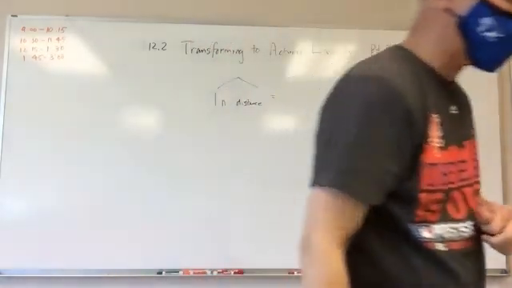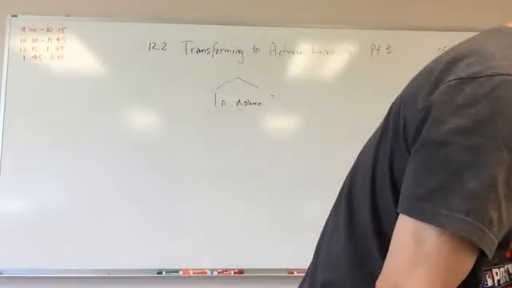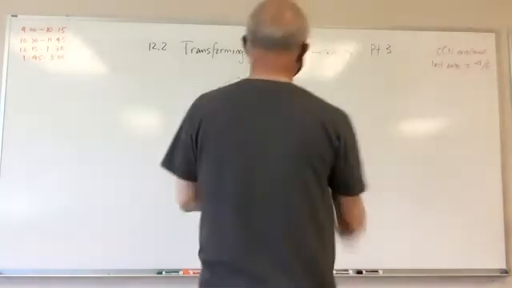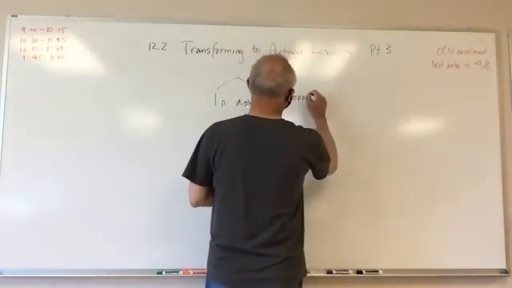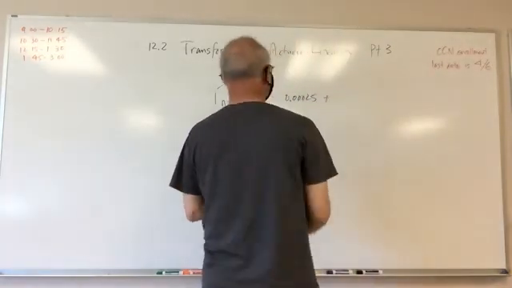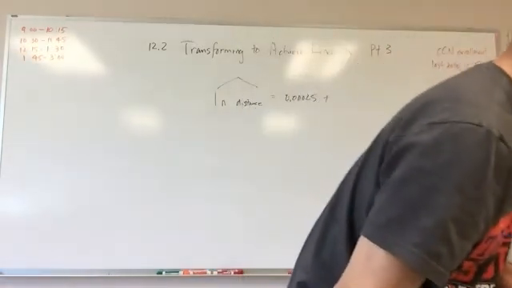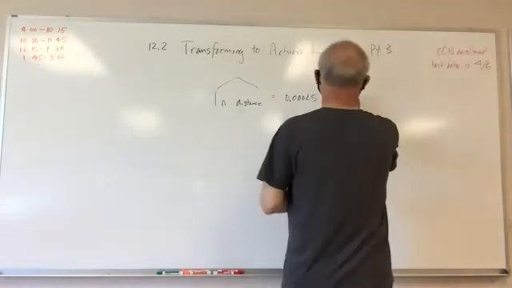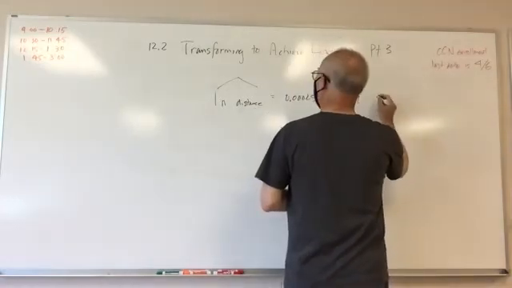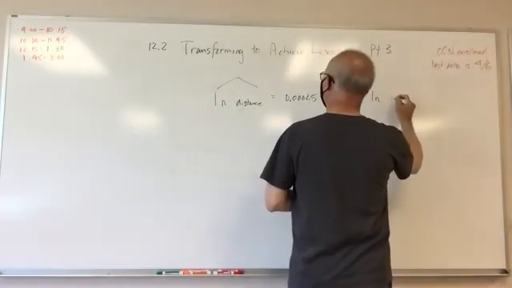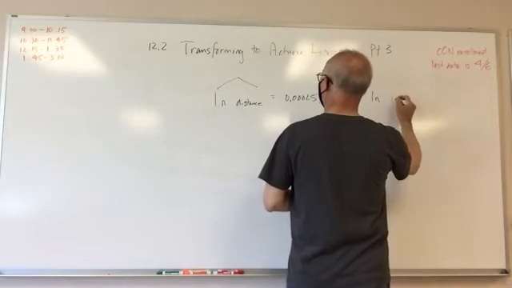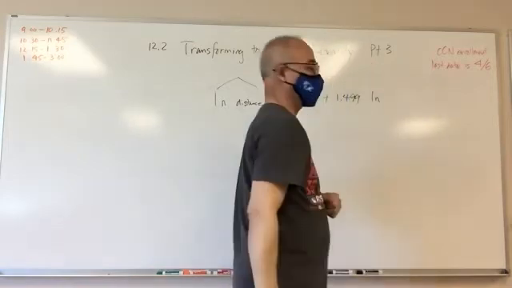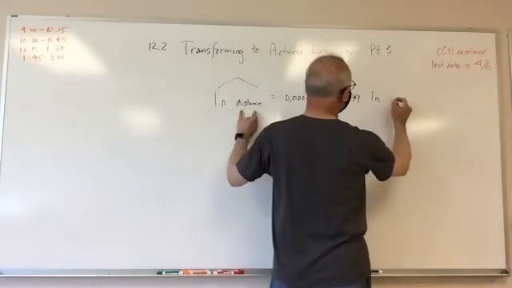The constant was 0.00025 plus 1.499 times the natural log of the period. Wait, this is the distance, isn't it?